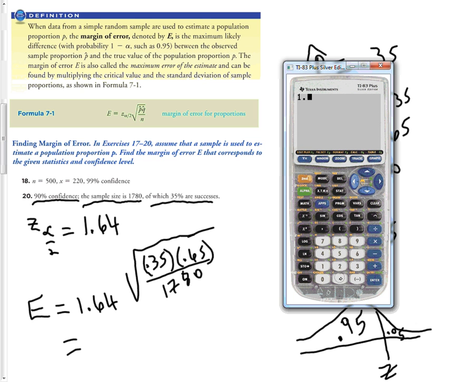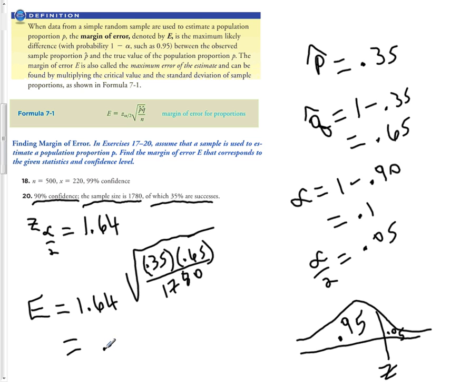So I get 1.64 multiplied by the square root of 0.35 times 0.65 divided by 1,780. Close the parenthesis for the square root, then press enter. I get 0.019. So my margin of error for this problem is 0.019. So there we found two margins of error for these two examples.